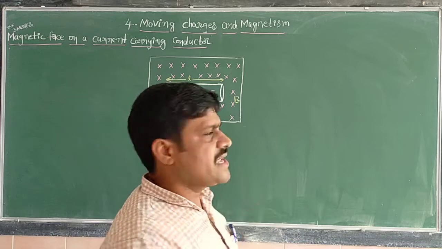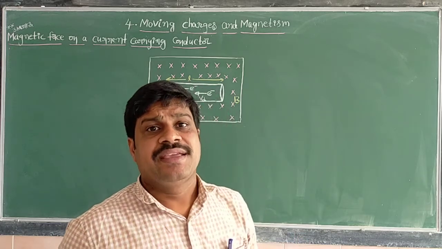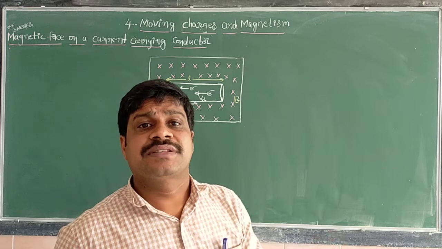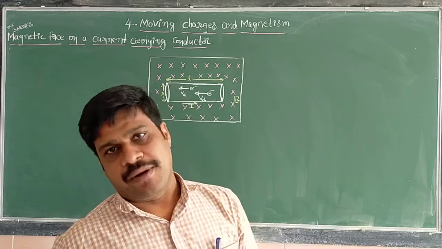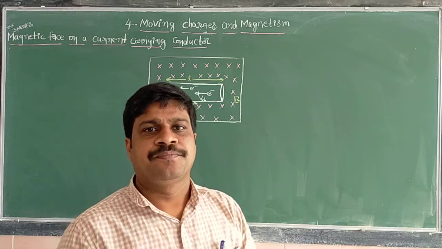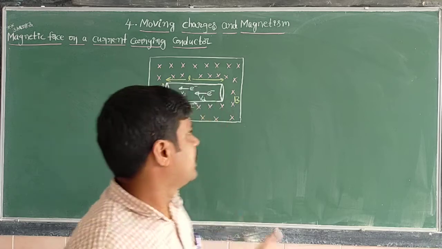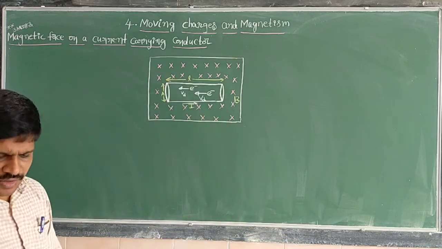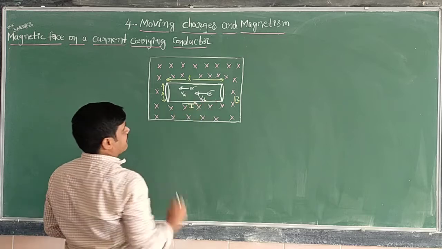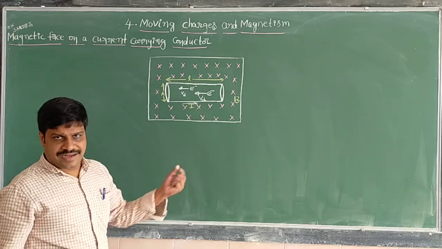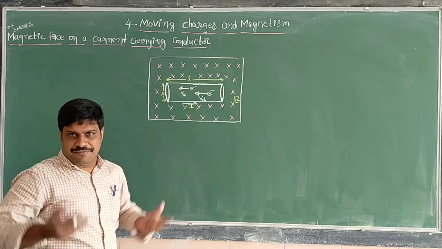Now let us see how to derive the expression for the force experienced by the current carrying conductor when it is placed in a uniform magnetic field. Just now we have seen the force experienced by a charged particle in a uniform magnetic field. Here also we will find it. First, how many charged particles are there inside the conductor? N number of electrons are there.